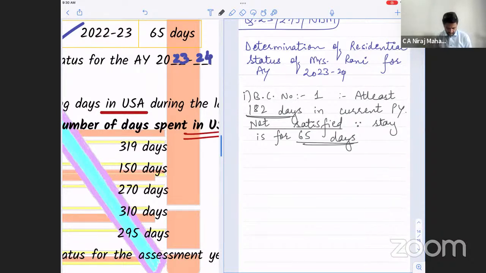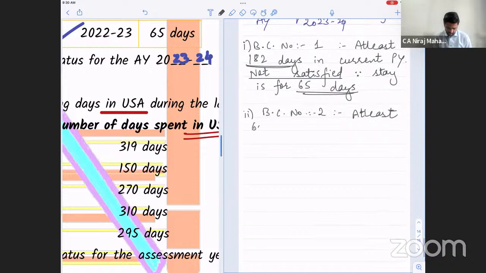Second point. Basic condition number 2. What does it say? Again, at least, correct? At least what? 60 days in current PY. And again, at least, okay?